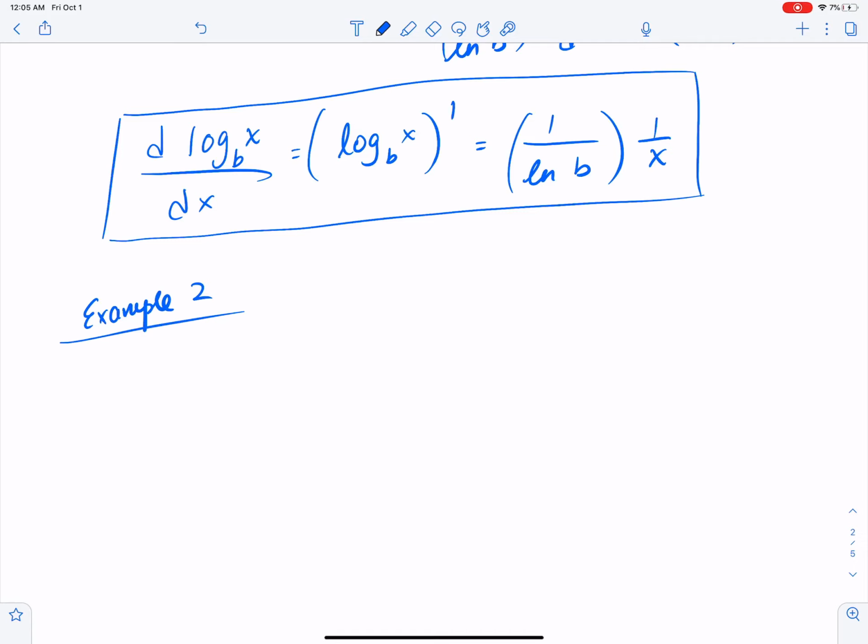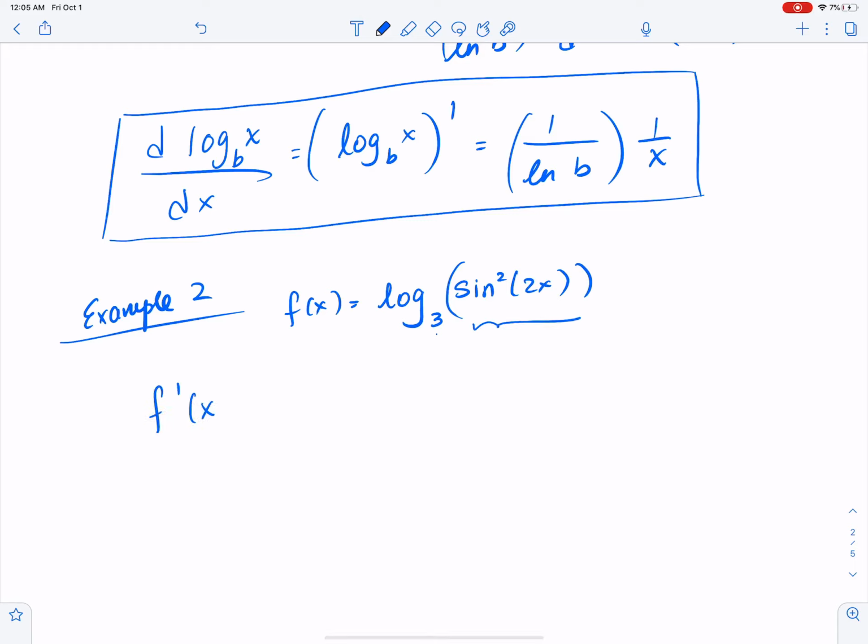Let's say you have to differentiate log to base 3 of sine squared 2x. No big deal. Don't need to fret that I have a square and a 2x. That doesn't matter. What do we have? Well, you have log to a different base of some function in x.